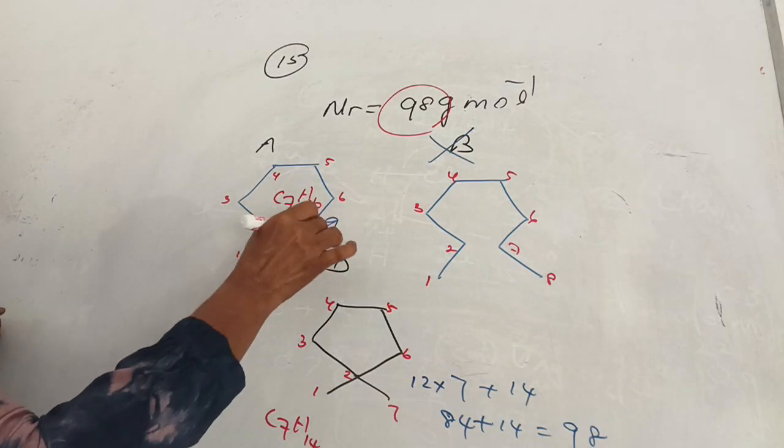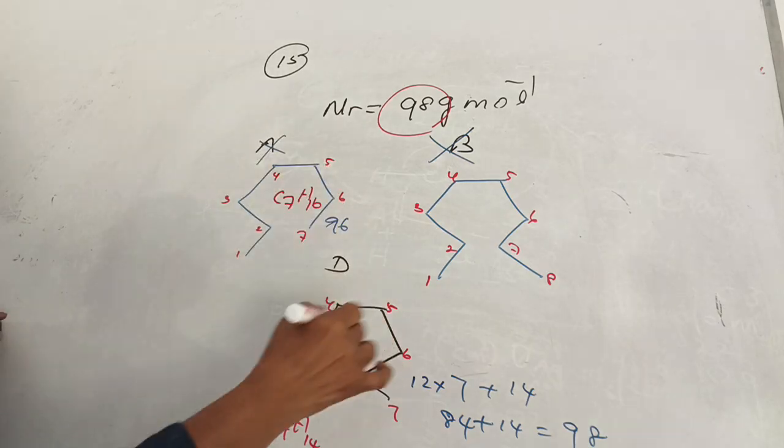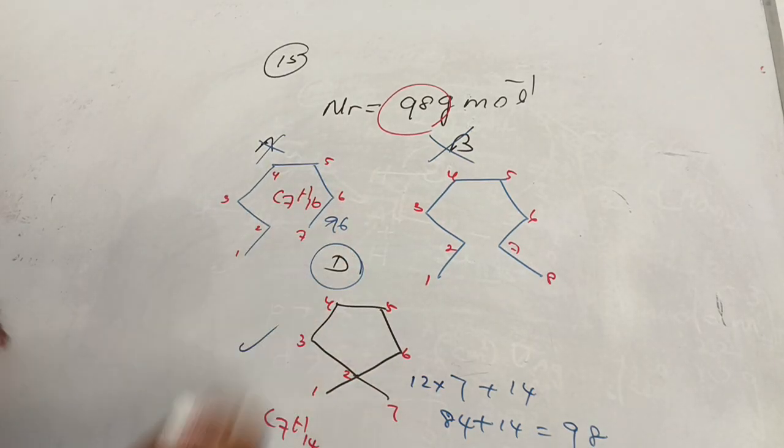And A goes to 96. Therefore, A is not correct. The best answer is D, exactly the same as the molar mass.